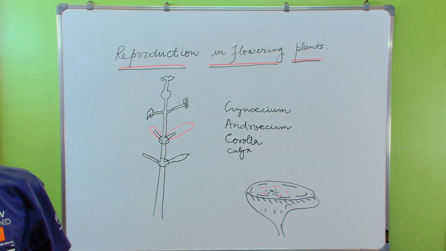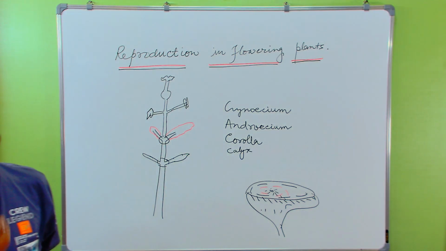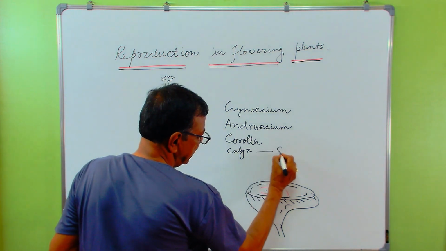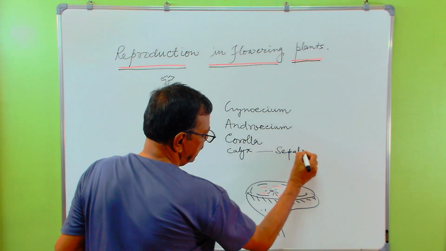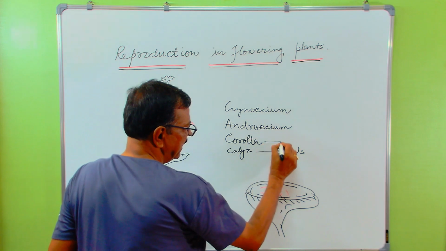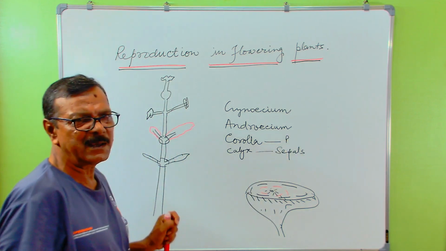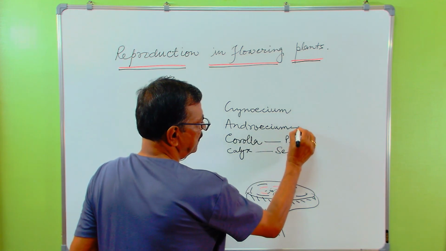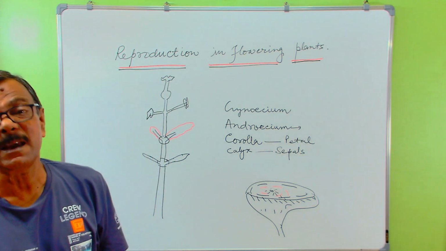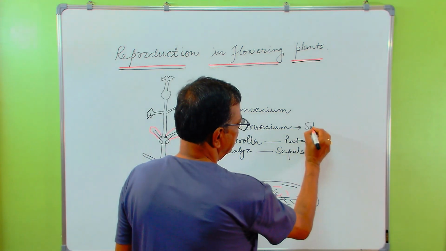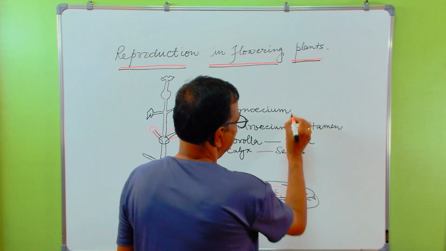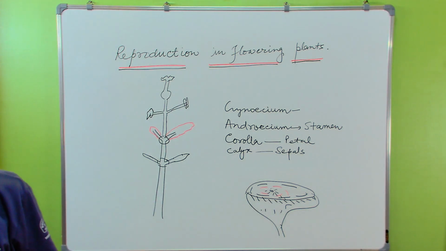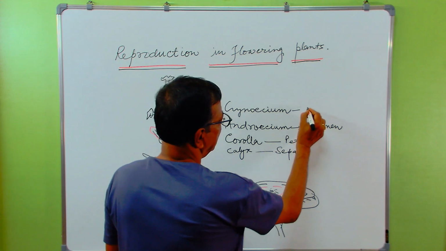Now we know that calyx is made up of sepals. Corolla is made up of individual members known as petals. Androecium, individual members are known as stamens. And gynoecium, with ovary, style and stigma, these are called carpels.